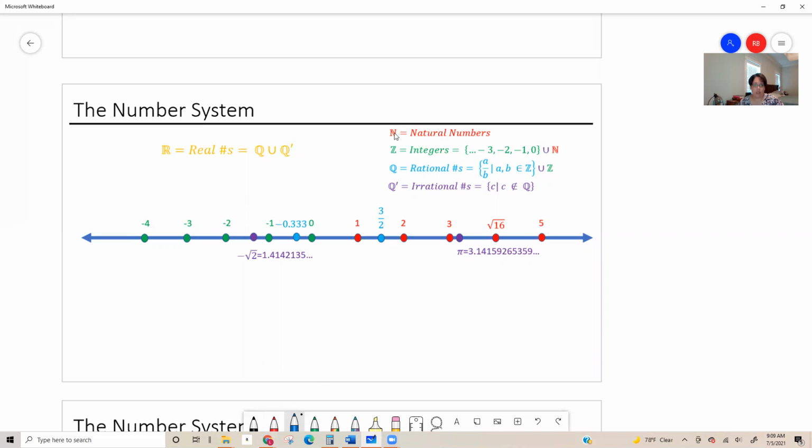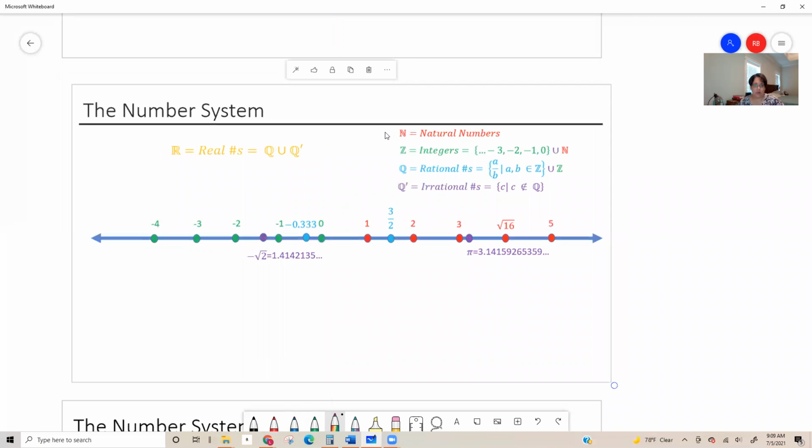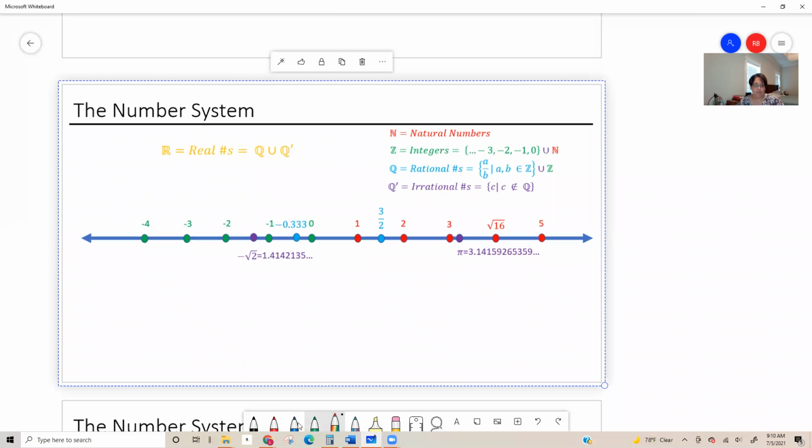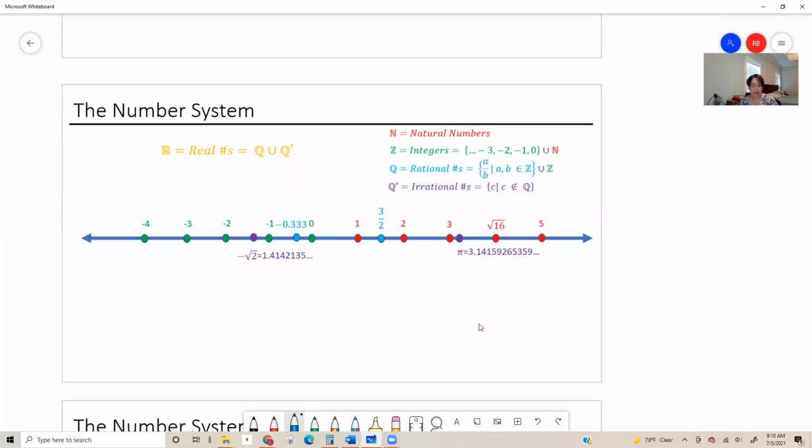So first, if we look at the natural numbers, the natural numbers on here are in red. If you just look, those are like counting numbers, 1, 2, 3.